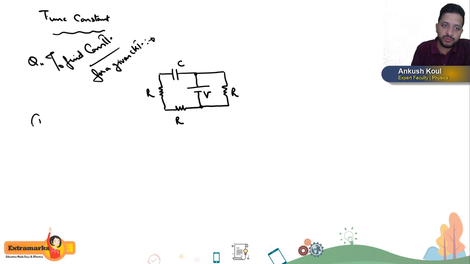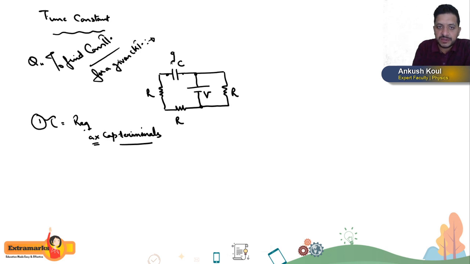First thing is, what is the formula of time constant? The formula of time constant is R equivalent as seen from the capacitor terminals. If I sit on this capacitor and I look from its terminals, what is the R equivalent of this circuit? That is what you have to write here, multiplied by the value of this C. Fine. How to find this R equivalent?